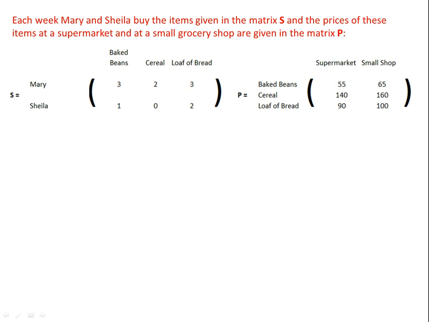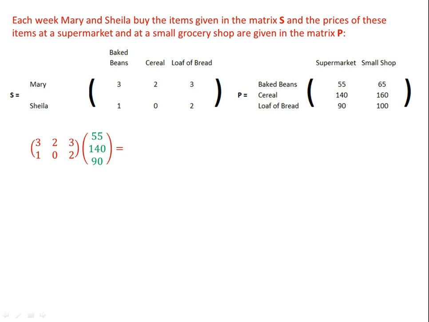And they have a choice of going to either the supermarket or to a small shop, and we've got the prices of the baked beans, the cereal and the loaf of bread at each of those two shops given in the second matrix. Now, if we take the matrix S and multiply it by the supermarket prices, we know exactly how to do that matrix multiplication.